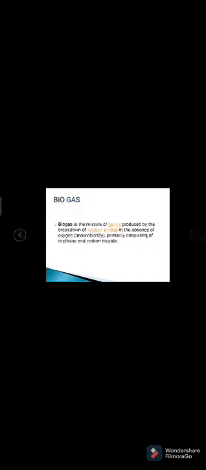Now let us see the next gas, biogas or gobar gas. Okay, gobar gas is an example of biogas. It is produced by the fermentation of cow dung by bacterial action in the absence of oxygen.